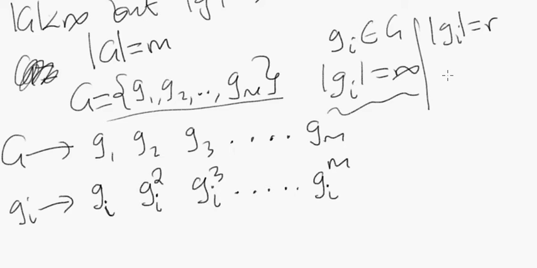The definition is that r is the smallest natural number such that gi to the r equals the identity. But if the order of gi is infinite, what is that telling us? Is it telling us that there is no natural number r such that gi raised to the r equals 1?